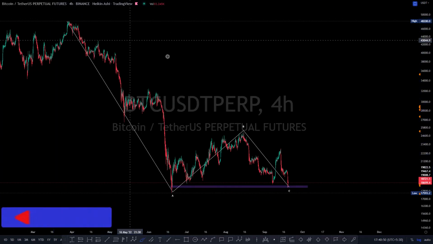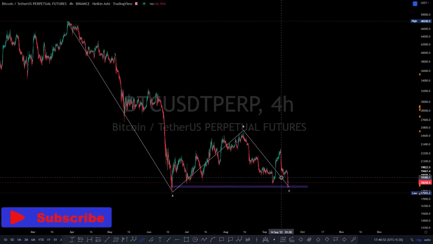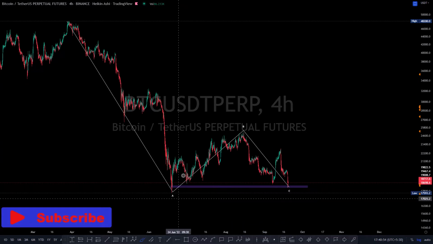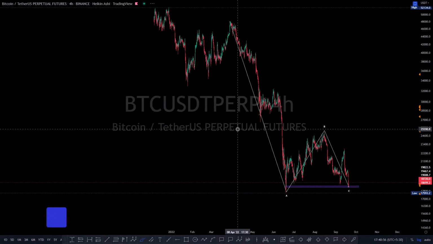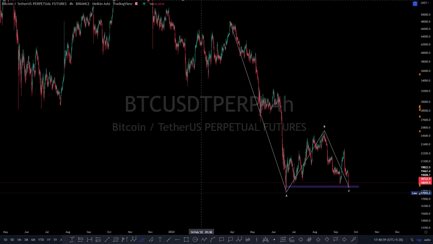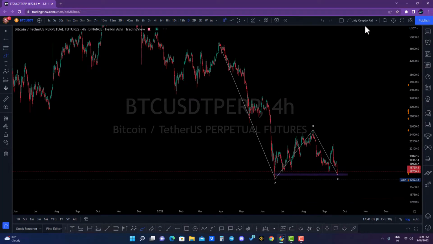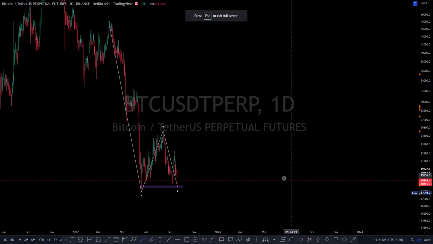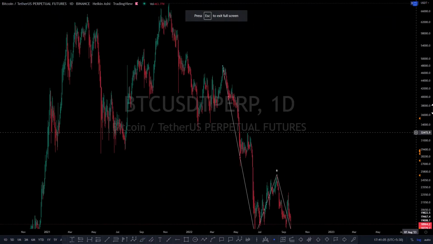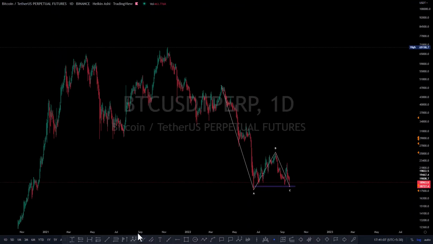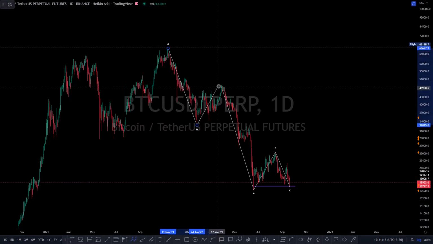I did not see any proper ABC pattern in the C wave. So I would want something like this to happen so that my macro analysis, if I go to the daily time frame, you can see quite clearly that if this happens, then my macro ABC will get completed over here.